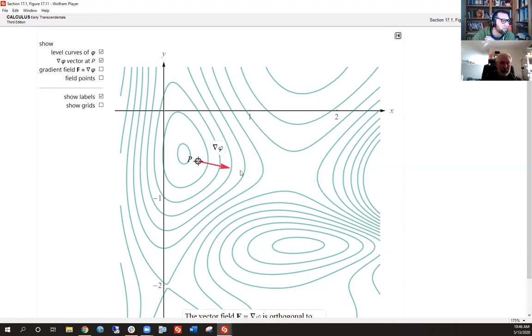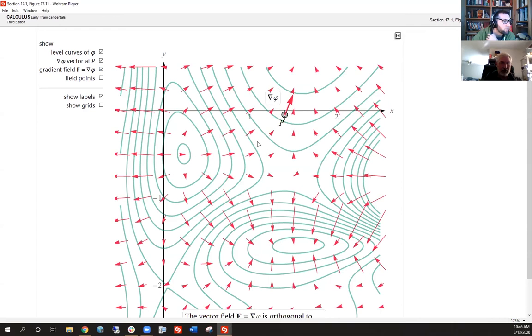So this must be a divot and a divot, whereas this must be a mountain and a mountain. And if we looked at the whole field, you'll notice that those gradients are always perpendicular to the level curves everywhere.